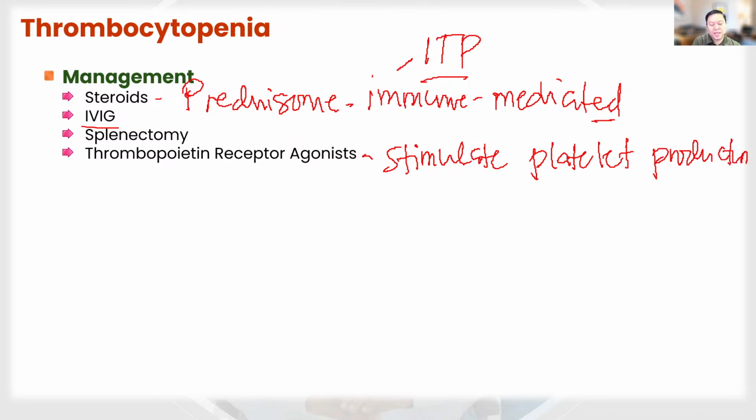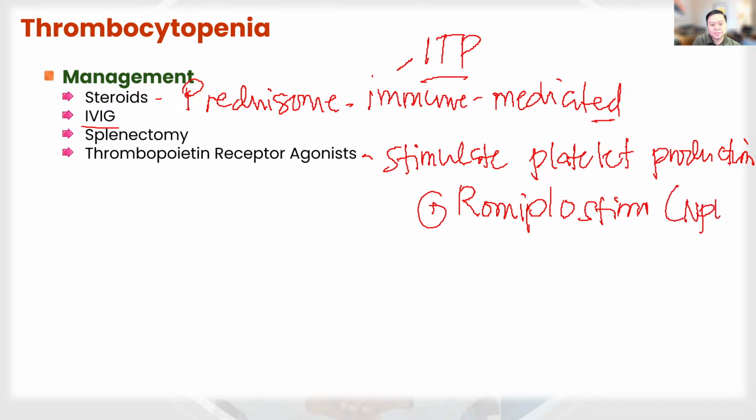And some of the medications that are known to increase the platelet production is what we call as romiplostim. It's a very rare medication, romiplostim. I don't know if you've heard about this medication. The brand is Nplate. So kindly look this up on your downtime.